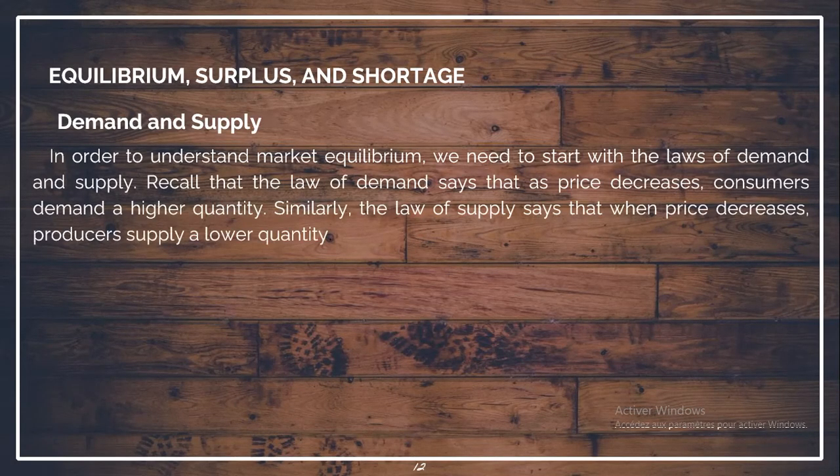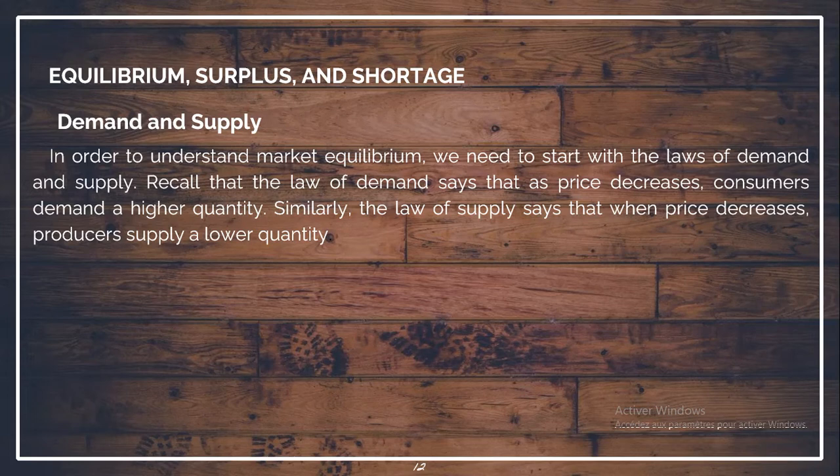Now, after we saw demand and what it means, and supply and what it means, and the main factors that shift the supply or demand of some products or services, there is an important term, which is equilibrium. The equilibrium, surplus, and shortage.